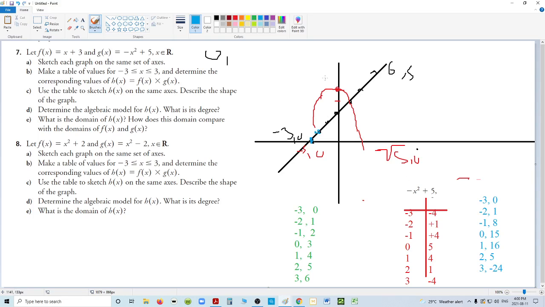So it's going to jump up. 0, comma 15, way up here. 1, comma 16, a little bit higher. 3, comma negative 24. Boy, it really jumped down there. There's going to be a turnaround point somewhere. Probably like that. Let's see.